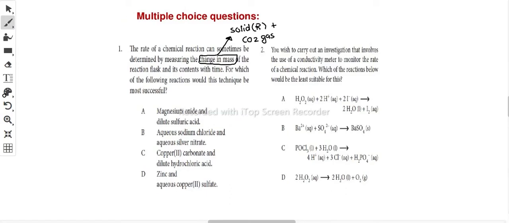For which of the following reactions would this technique be most successful? We will start looking for which of these options has a solid as a reactant and a production of carbon dioxide.